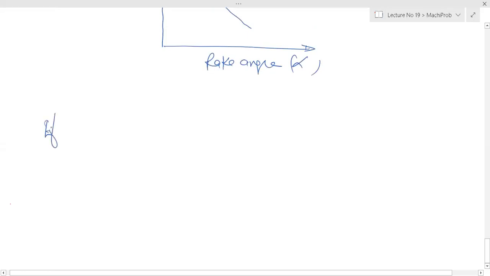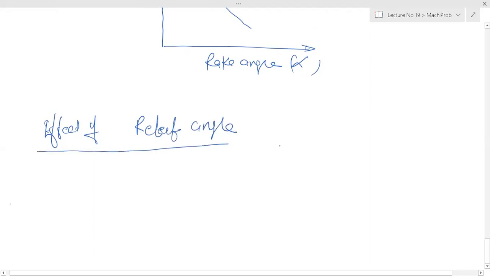Effect of relief angle. Again, same thing. Relief angle is what we also call the clearance angle.